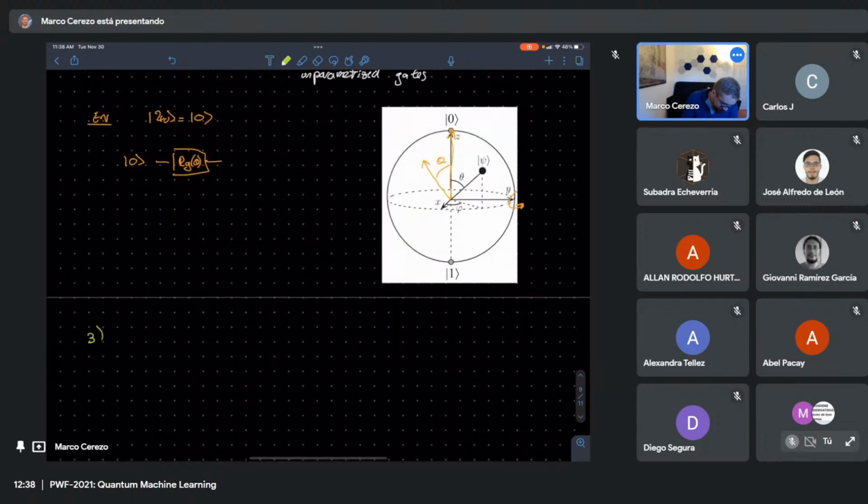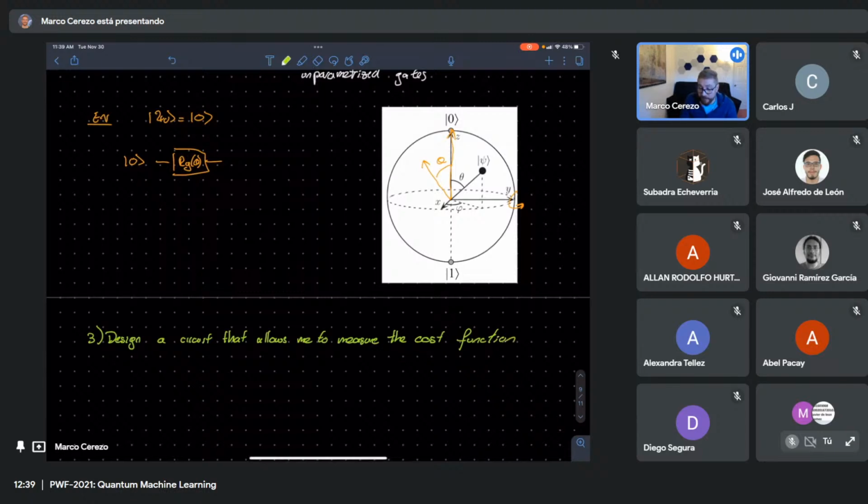Then 3, I need to design a circuit that allows me to measure the cost function. And this is going to be important because there is not one single way of defining the cost, of measuring the cost function.